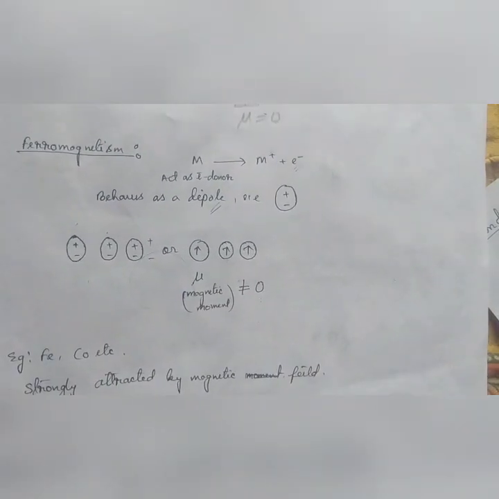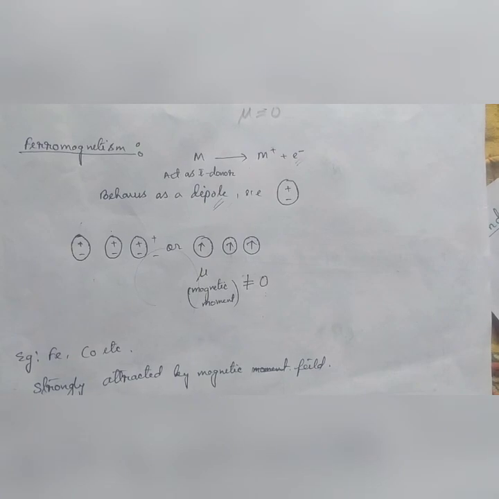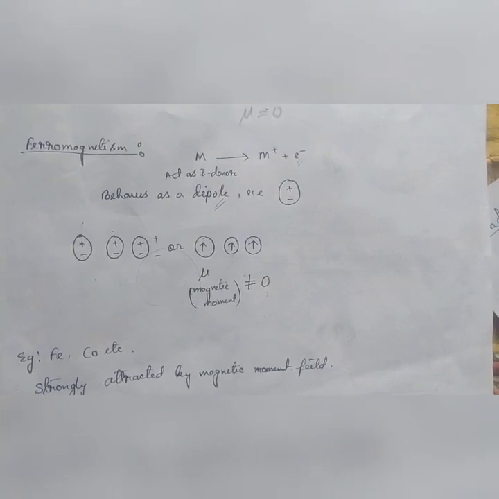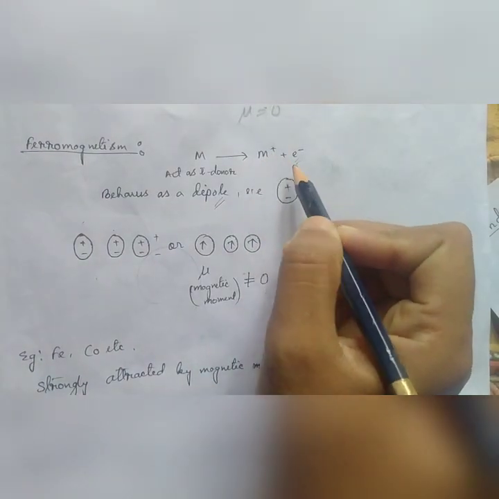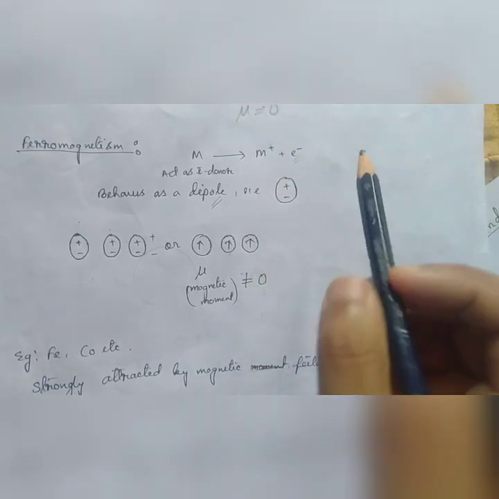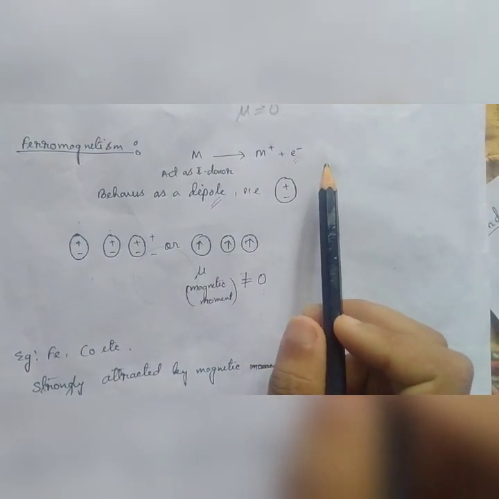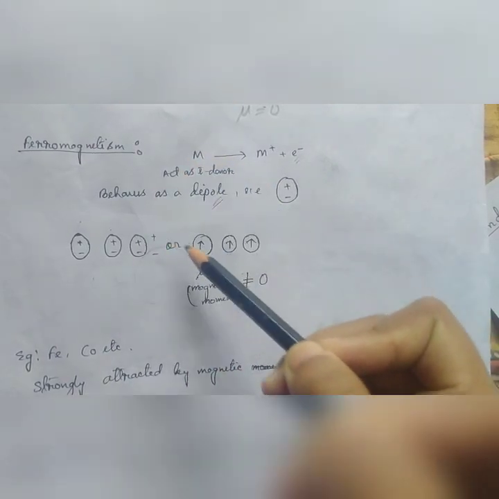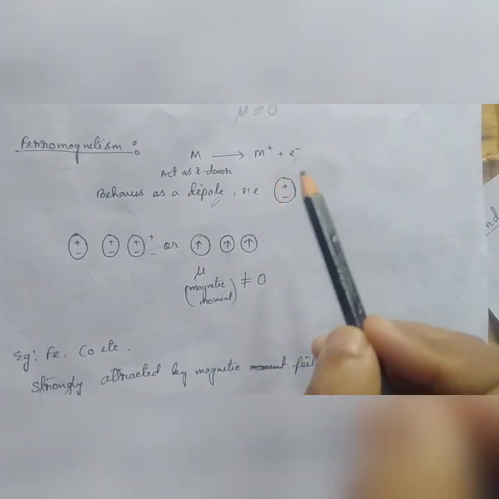Now next one is what? Ferromagnetism. Now what happened in ferromagnetism? First of all the metal, okay, the metal acts as what? Electron donor. That's why it will donate one of its electrons and will convert to M+, electron minus. Okay, that's why this metal will behave as a dipole. Dipole means what? Where positive and negative charges are there.